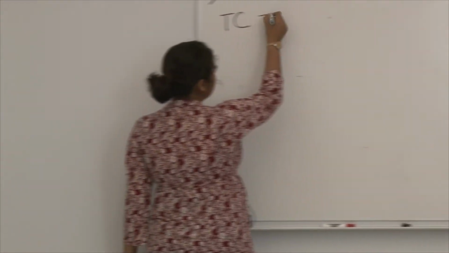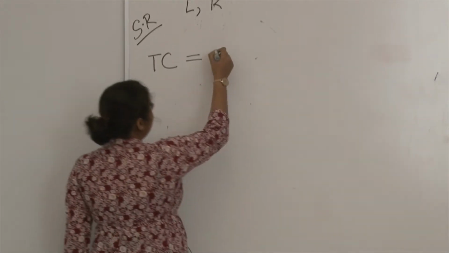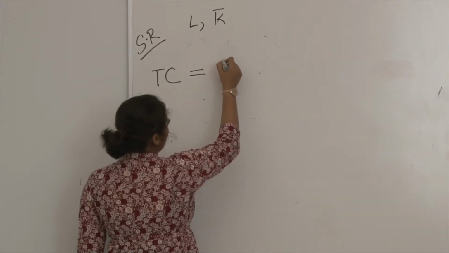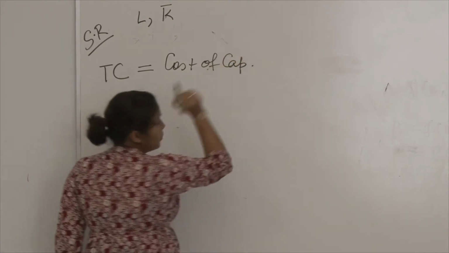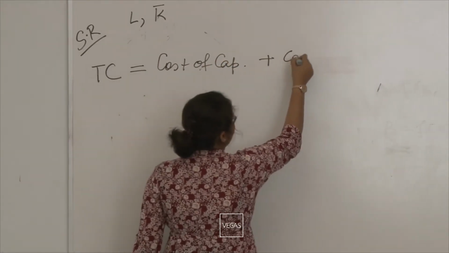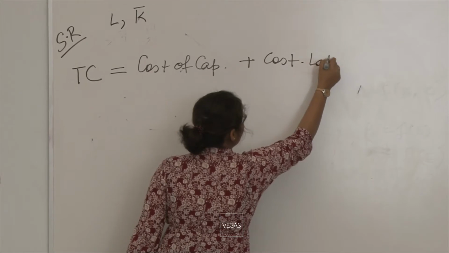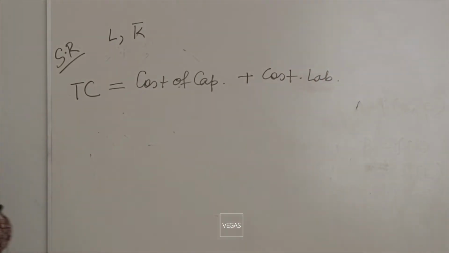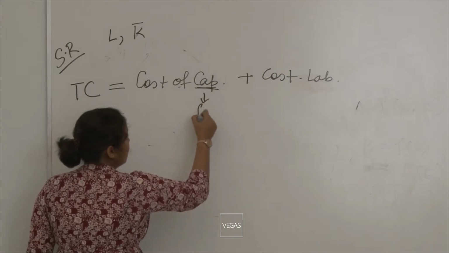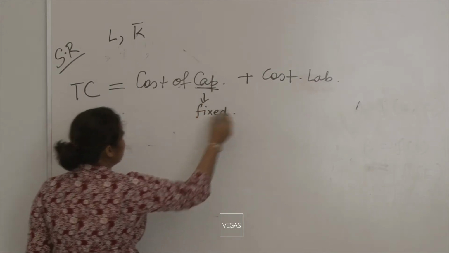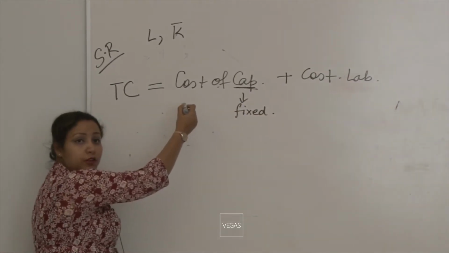So, we said that this total cost would be dependent on the cost of capital, right, because those are the things that we are using, plus it will be the cost of labor, right. Now, since the amount of capital is fixed, that cost will also be fixed.